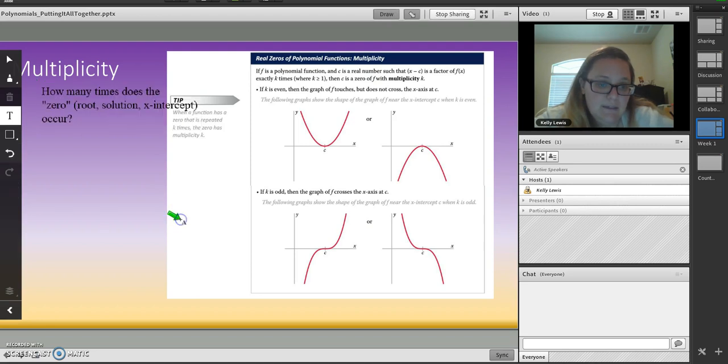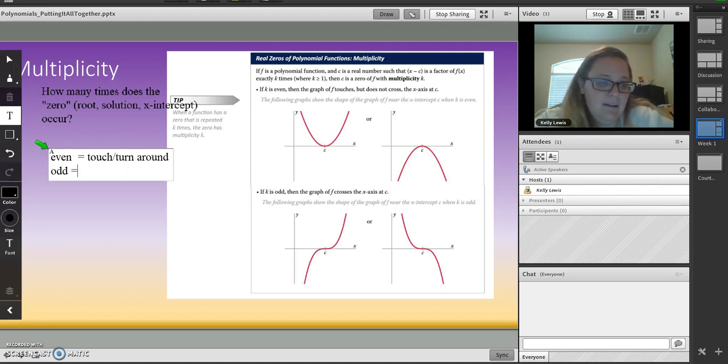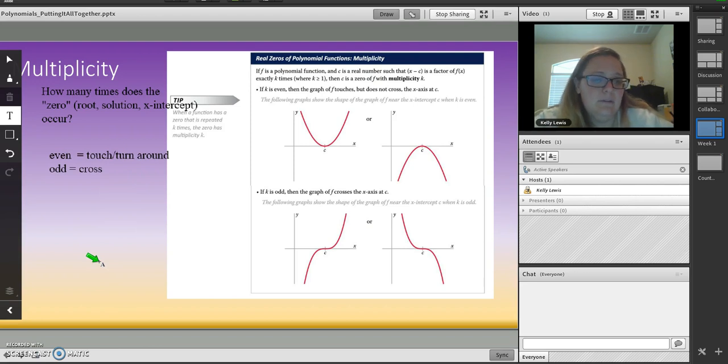This is what multiplicity is. All right, I'm going to explain with an example. I think it's easier. If it's even, then it's going to touch and turn around. If it's odd, it's going to cross. Okay, so I also keep that note with my end behavior note, over here to the side. All right, and so that's what this all says.